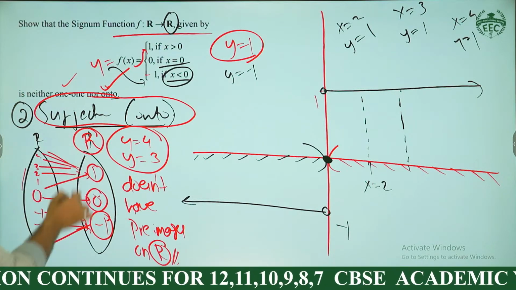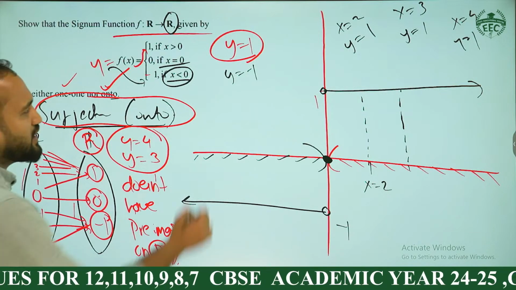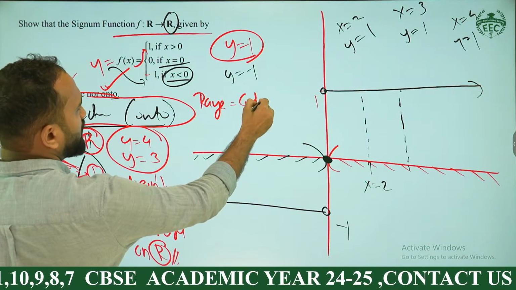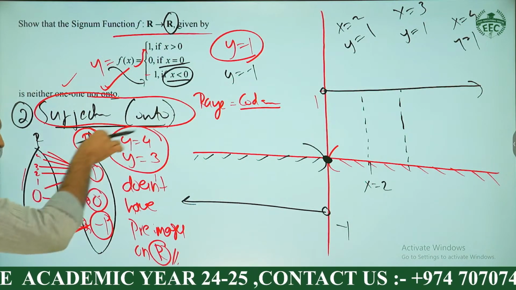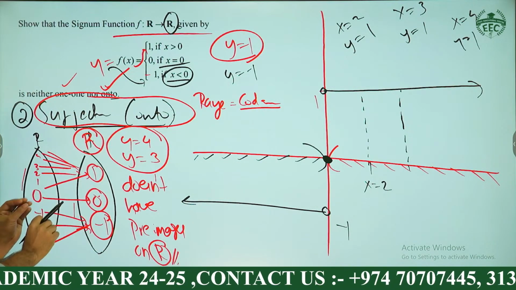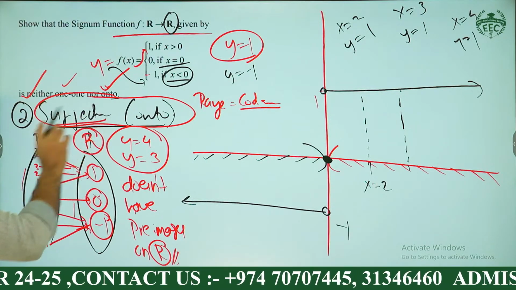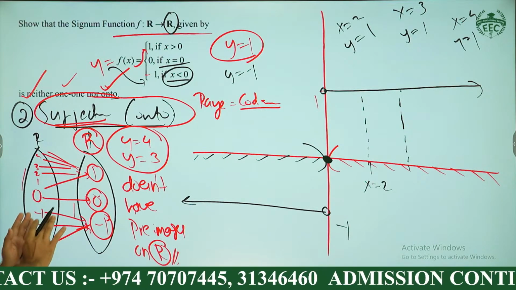If every element in the second set is receiving an arrow mark, you can say that range is always equal to codomain. Why? Codomain is always the second set. Now what is the range? Range is those elements in the second set which are receiving the arrow mark. Now for calling a function surjective, every element in the second set needs to receive an arrow mark.